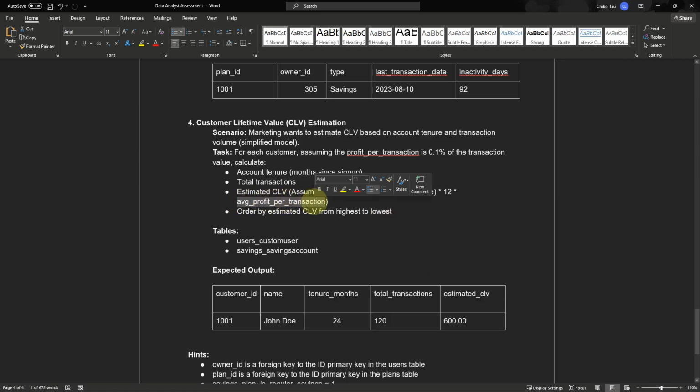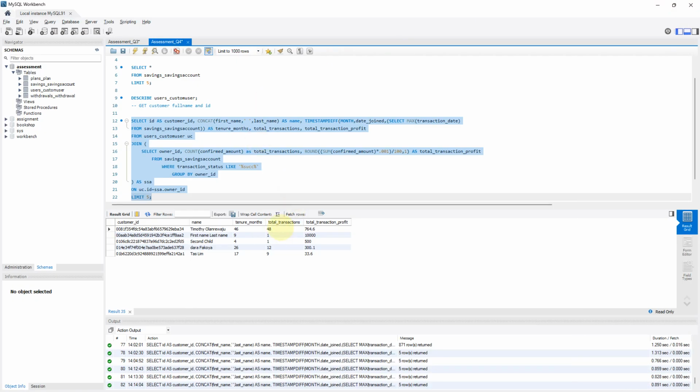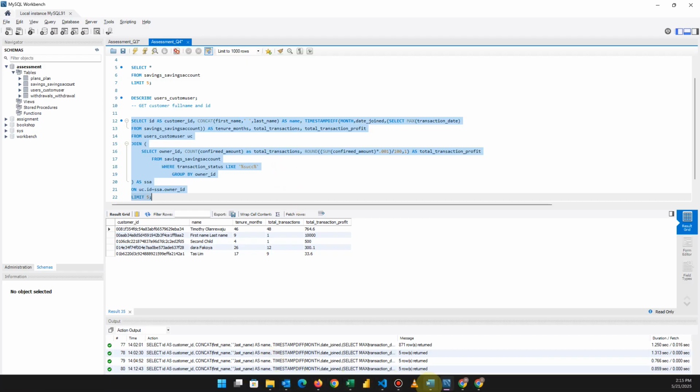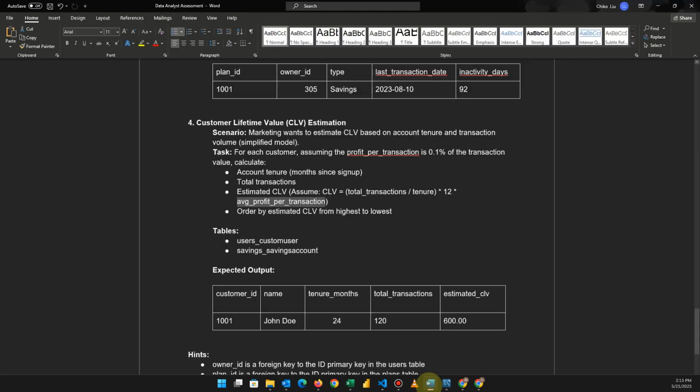So the average profit will just be this divided by the total number of transactions, just to get the average profit. Wow, interesting. This is a whole lot of calculation.